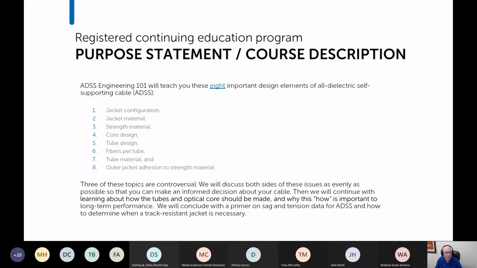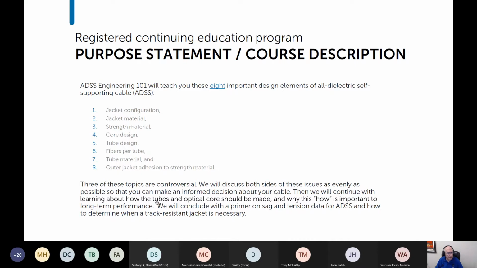I am going to try my best to present both sides so that you understand the trade-offs that are involved, because in the real world of engineering, almost everything involves a trade-off of one form or another. So we're going to discuss the ones that are controversial, and the goal is for you to understand what the controversy is all about, and then you can look at your situation and make an informed decision about what you want to do for your cable.